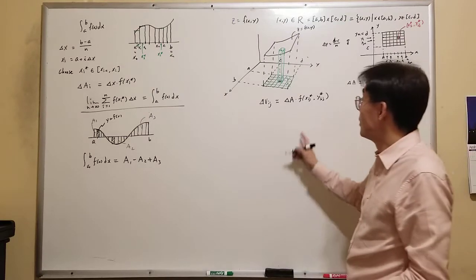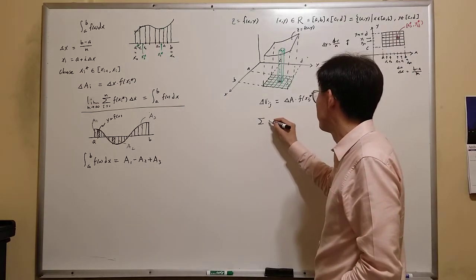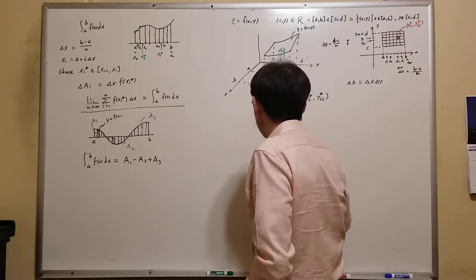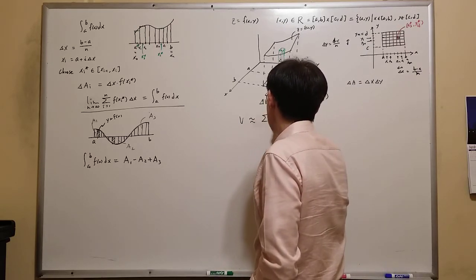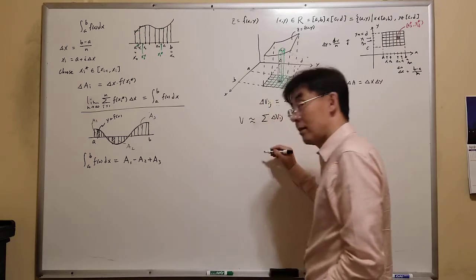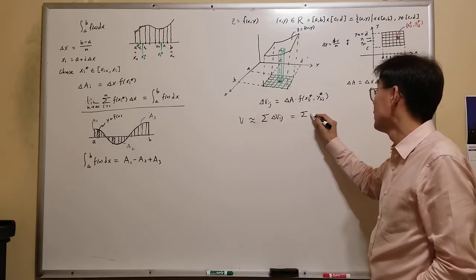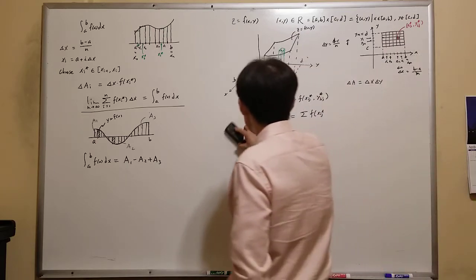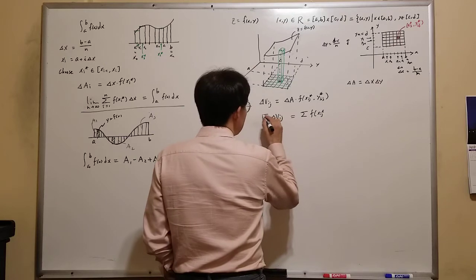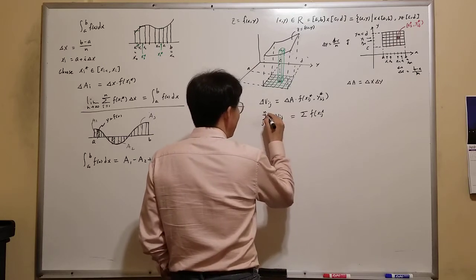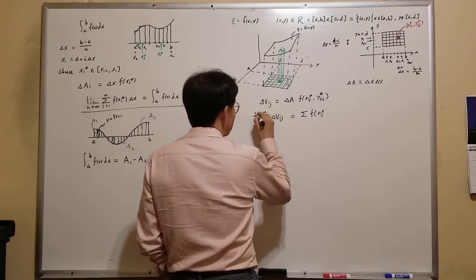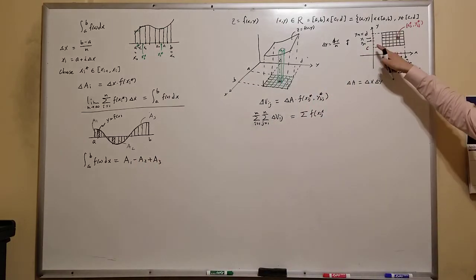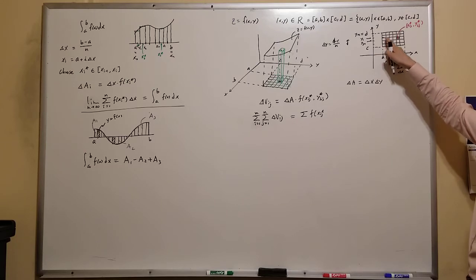Okay? So if you add them up, your volume will be approximated by the sum of delta Vij, that is f of x ij star, y ij star, times delta A. Here in this case, you have to do summation. J runs from 1 through n, I runs from 1 through m, right? For I equals 1, J runs from 1 through n.